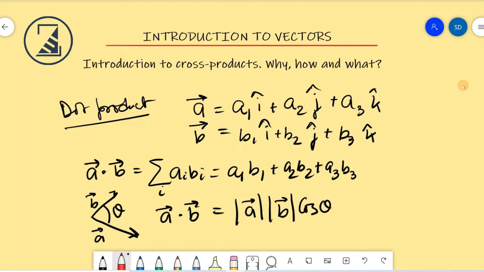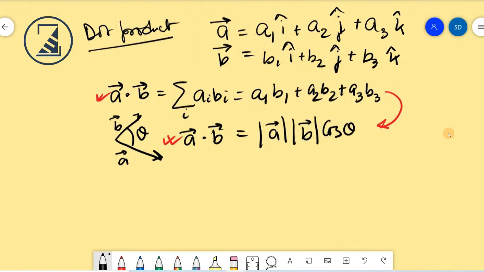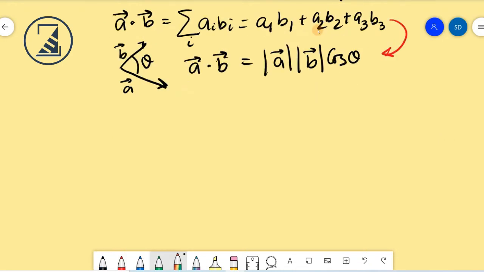Now we have shown in the previous video how this definition is linked with this definition. Now through dot product, what we do is we relate between lengths and angle. So using dot products, we have related lengths and angles.